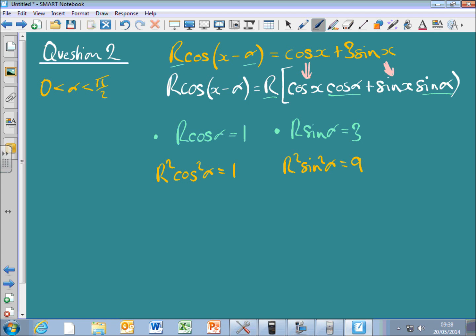And if I add them together, I get r squared sine squared alpha plus r squared cos squared alpha. This is just r squared because sine squared plus cos squared equals 1, and they've both got a factor of r squared. And this should equal 10. So we get that r equals the root of 10.